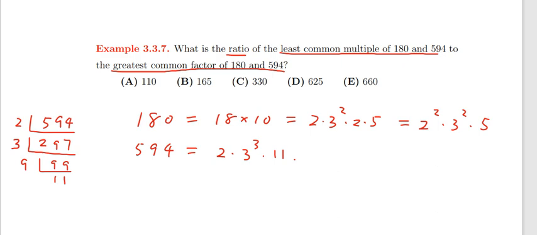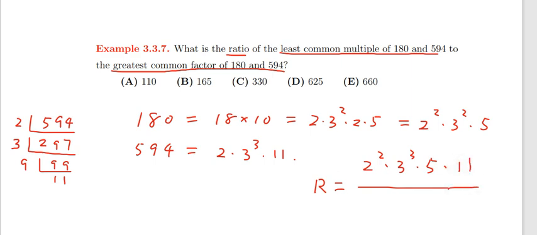Okay, so this leads to the least common multiple. For the least common multiple, we just pick the largest exponents. So 2, we just pick 2. 3, pick 3, and 5, 1, and 11. Right?